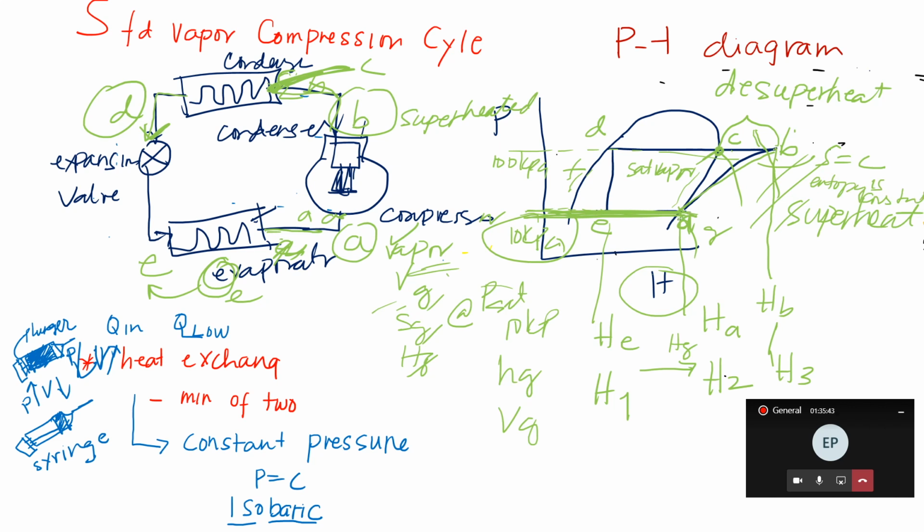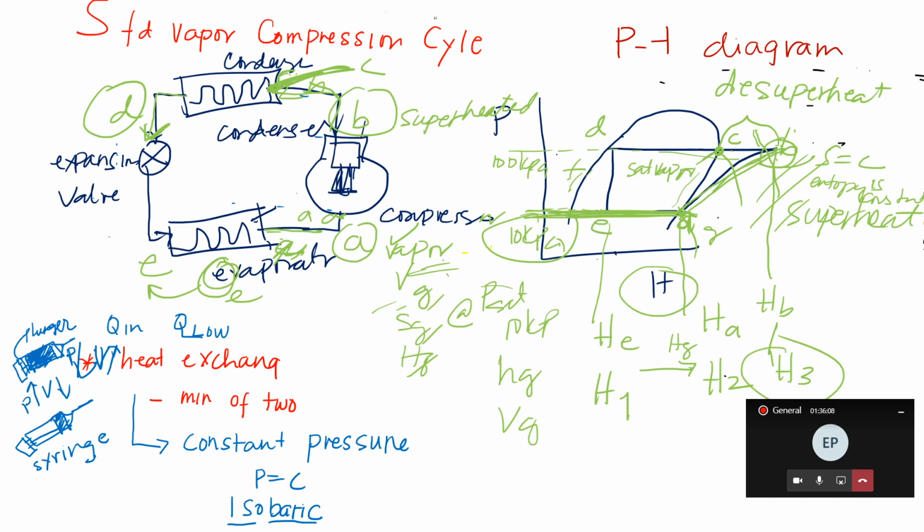Pareho lang. Habang ikaw ay bumabagtas dito sa linya na to, constant entropy. Meron kang constant entropy line. Meron ka dito na enthalpy. May volume of gas ka. Makukuha mo doon yung entropy ng 3. Entropy at superheat. Okay?